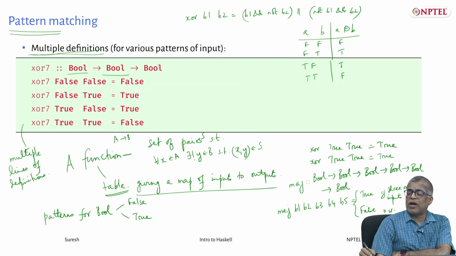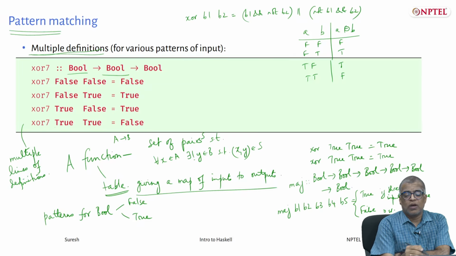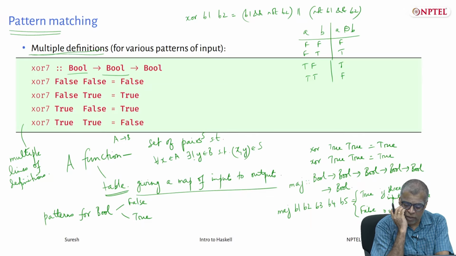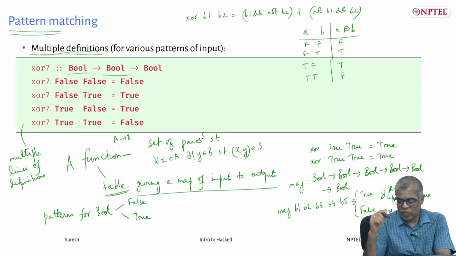You can imagine that if I have to write an exhaustive table for this, it would require 32 rows. So I need to do better, and this is hardly programming, you are just writing some tables.